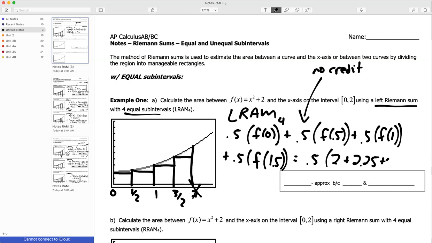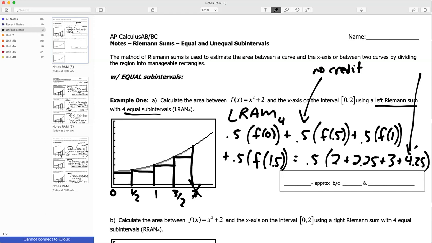And then if I plug in 1, I get 1 squared plus 2, which is 3. And then my last one here, I'm going to plug in 3/2. 3/2 squared is 9/4, and 9/4 is 2.25, plus 2. So my last value here is 4.25.